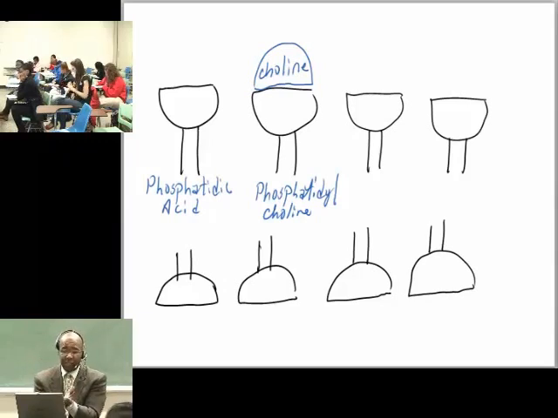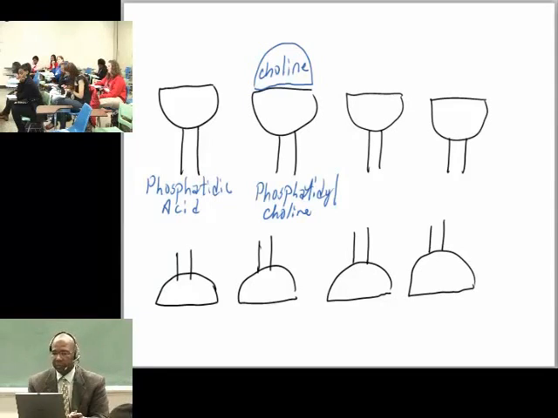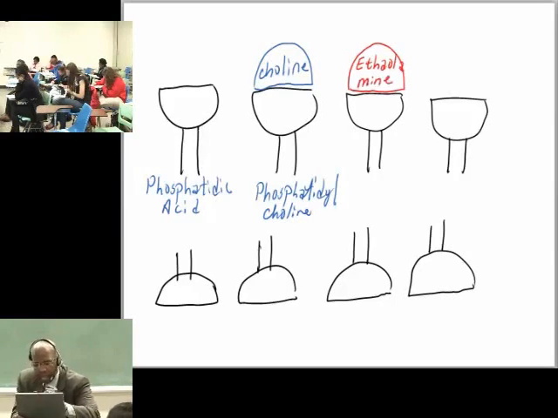Now this is not the chemical structure of phosphatidylcholine. These are just drawings, just lollipops and half circles. Make sense? Very good. What if the head group here had ethanolamine? Ethanolamine.